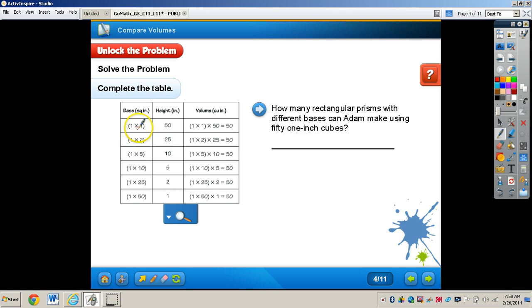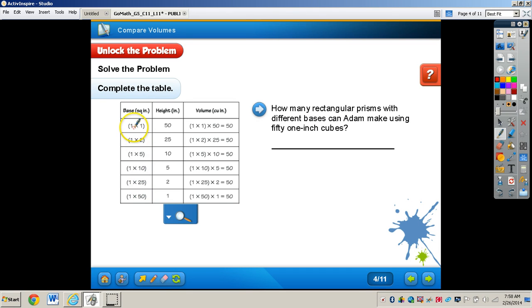We have 1 times 1 for the base area, and then times 50 would give us 50. You can even think about how we find the factors of a number: 1 times 50, 2 times 25, and 5 times 10. So 1, 2, 5, 10, 25, and 50 are all factors of 50.